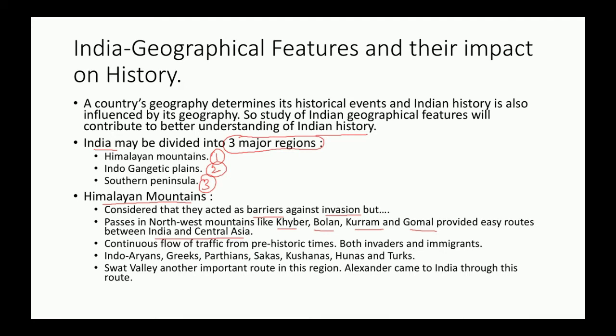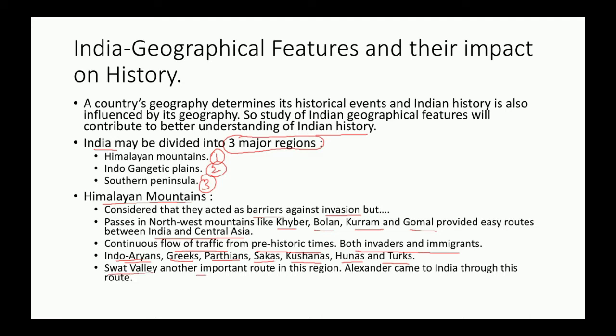These passes facilitated the continuous flow of traffic from prehistoric times, and both invaders and immigrants used these passes as a route to enter into India. Indo-Aryans, Indo-Greeks, Parthians, Sakas, Kushanas, Huns, Turks, all these people have used these passes to enter India.